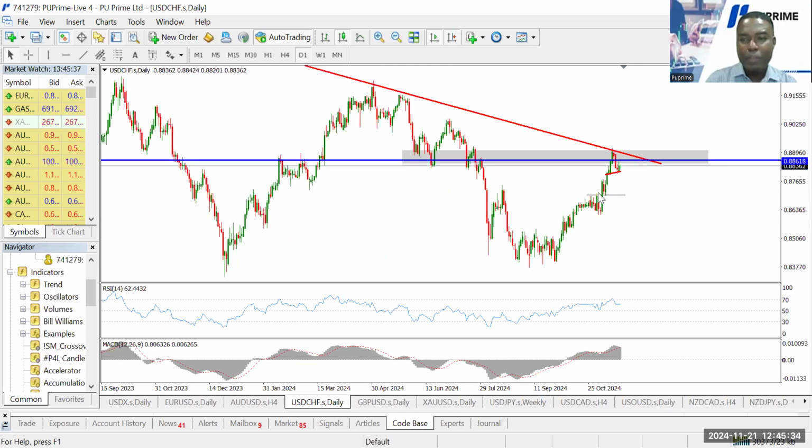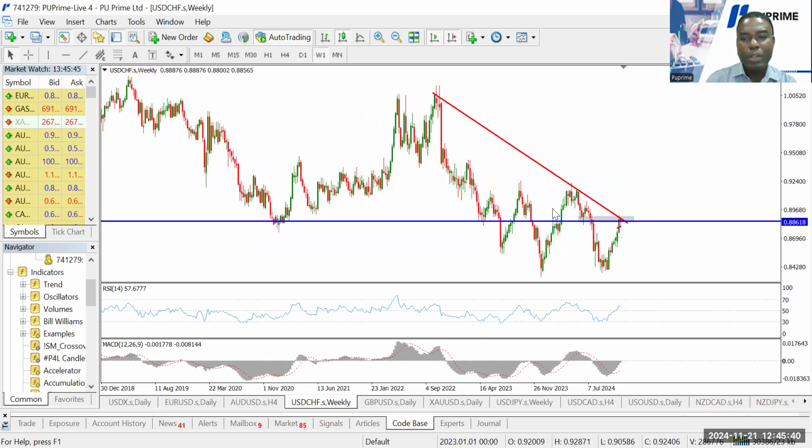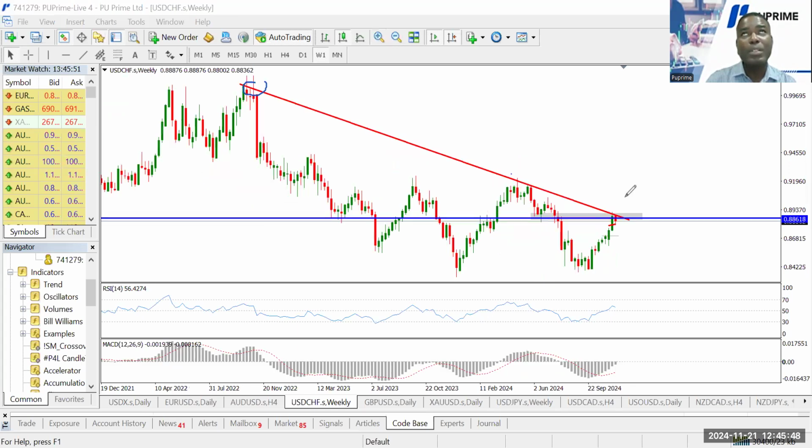For the USD CHF, we've been bearish on this instrument right from the beginning of the week. And the reason for our bearish outlook is because on the daily time frame, we can see that there is a descending trend line right here. Price touched the trend line a second time. The third time, we actually expect a continuation. This has been my view for this instrument since Monday.